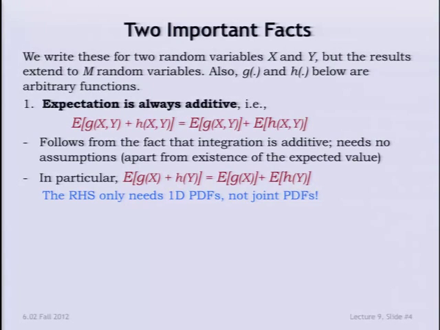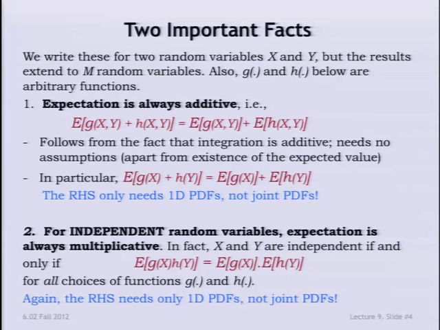It all stays as simple as the 1D case. And the reason is that in every instance we talk about, when we have the expectation of a sum of functions of multiple random variables, the sum actually involves functions, each of which is a function of only one of those random variables. So it actually becomes very easy to compute.